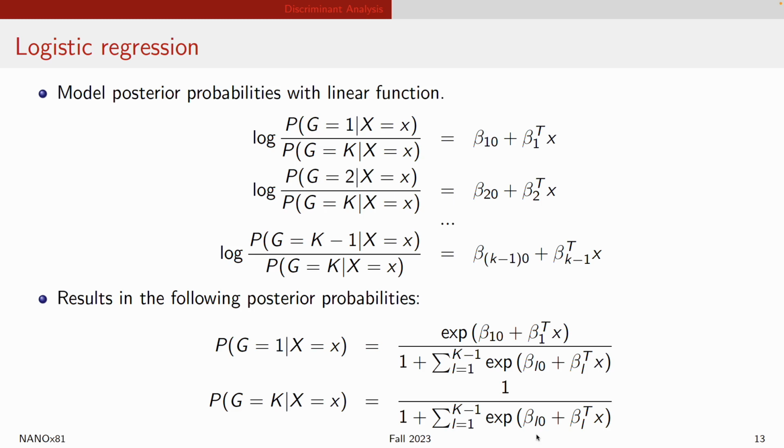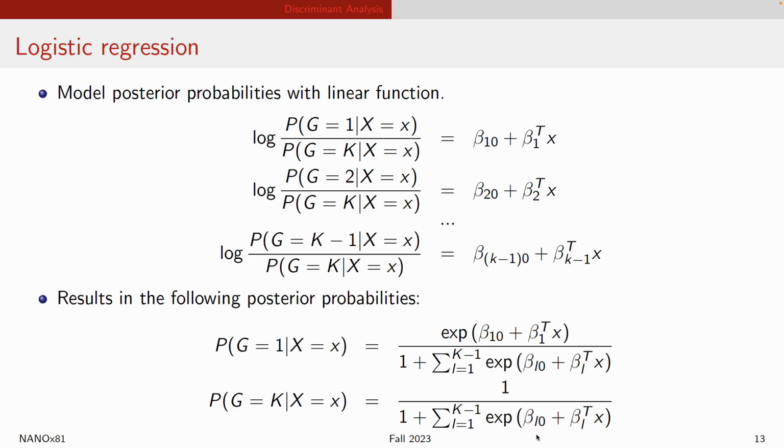So beta 1 naught plus beta 1 transpose x, and the betas are essentially the coefficients of the linear function that I have to solve for. Now, if you have K different categories, you basically have K times K minus 1 divided by 2 combinations, and all these functions that you need to solve.